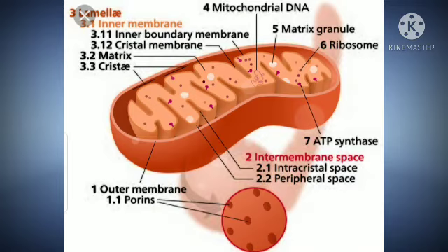Mitochondria are the sites of aerobic respiration. It stores energy in the form of ATP, adenosine triphosphate, hence called powerhouses of the cells. Its matrix contains single circular DNA, few RNA, 70S ribosomes, and components required for the synthesis of proteins.